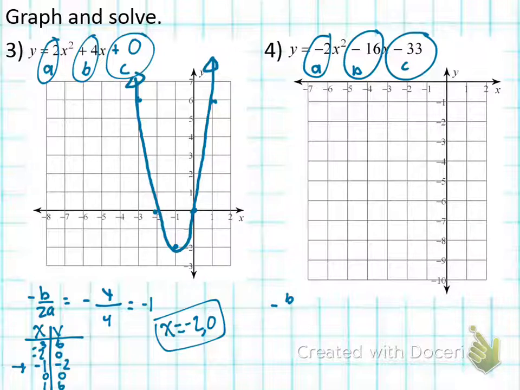Negative b over 2a. Good. Okay, so negative b is -16, which is positive 16. 2 times a is -4. Right? Would you all agree? 16 divided by -4 is -4.